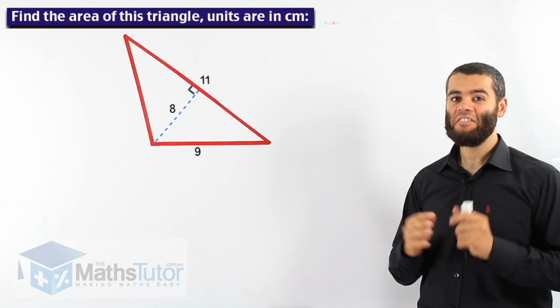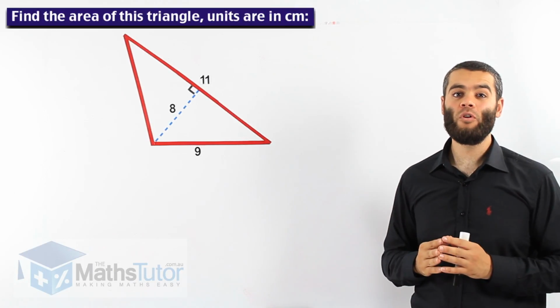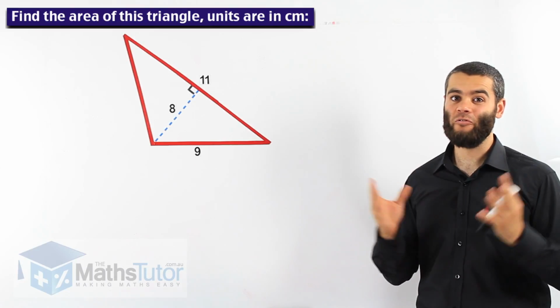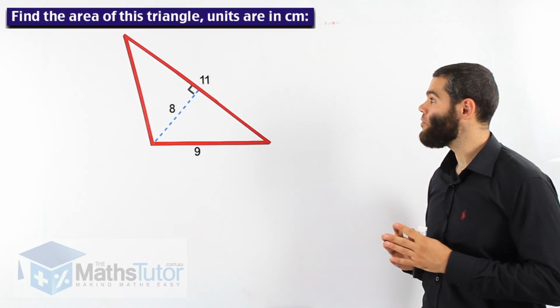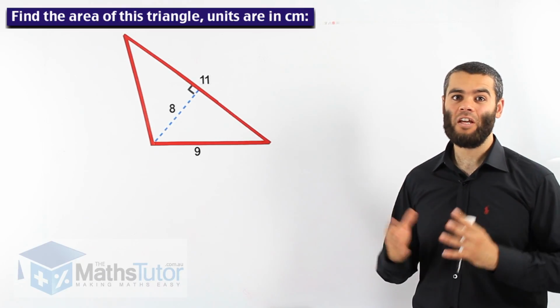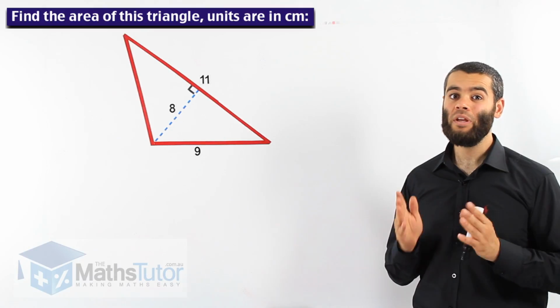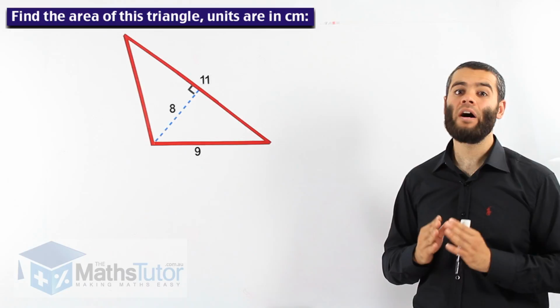Okay guys, last example. Let's look at this triangle. Well, we are looking for the base and the height. The formula is half times base times height. So the base of the triangle and the height of the triangle. How do we know where the base is and where the height is? Well, we know that the base and height must meet at right angles.